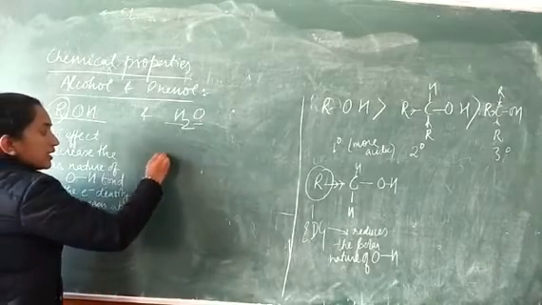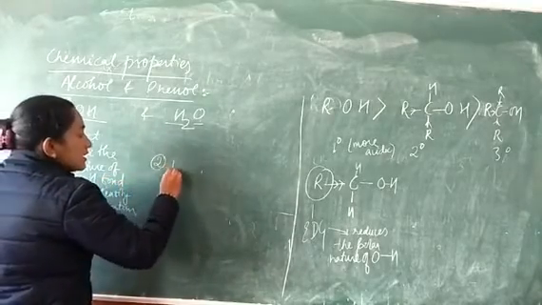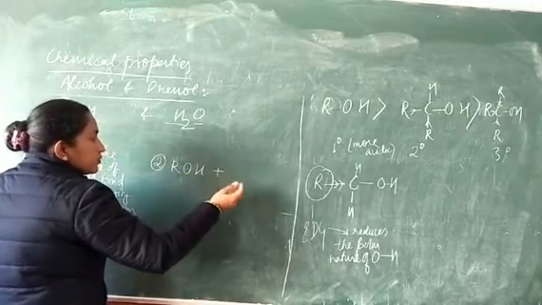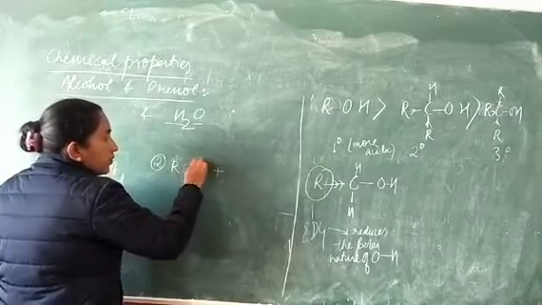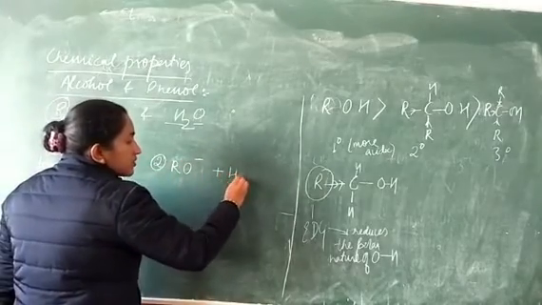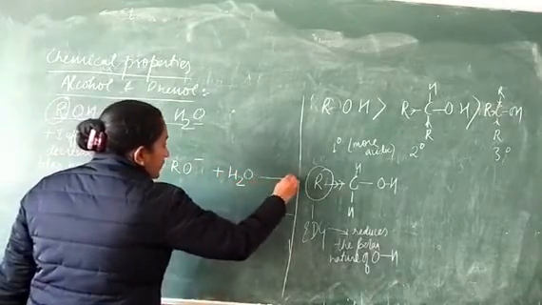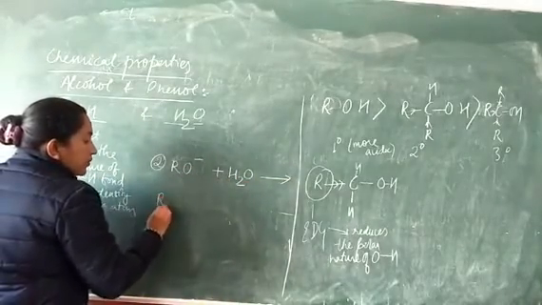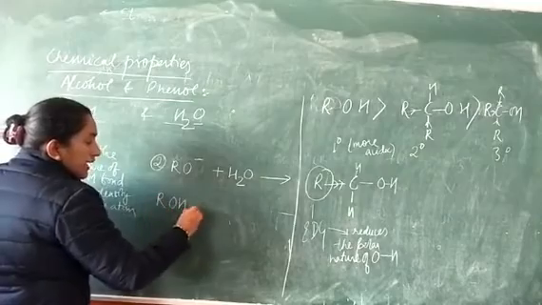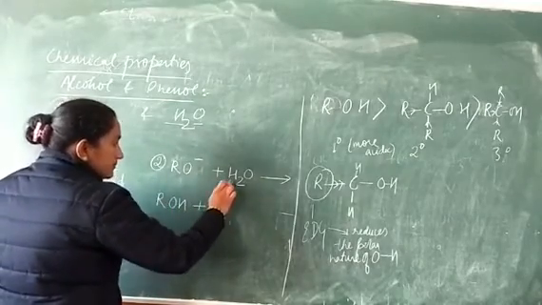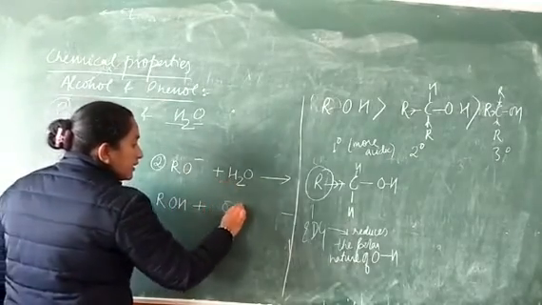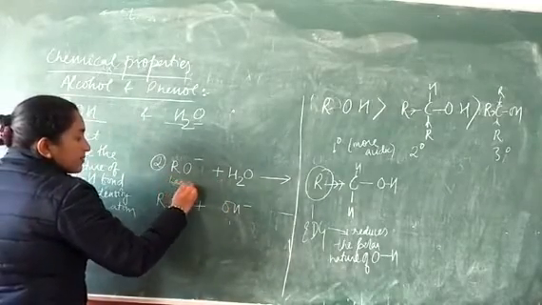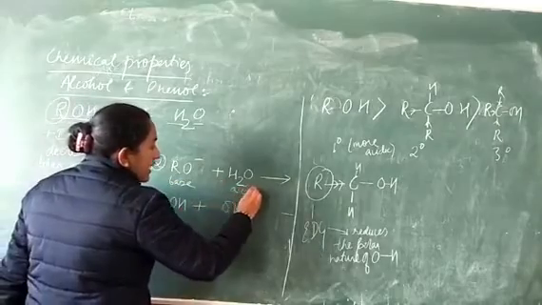Now the second is that if we just write this reaction, students, ROH plus H2O, RO negative plus H2O, right? This is alkoxide ion plus water. It has been found that the water has greater tendency, right? So here RO negative is acting as a base and water is acting as an acid.